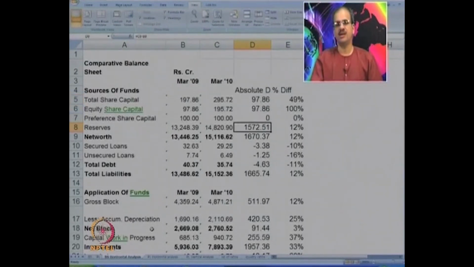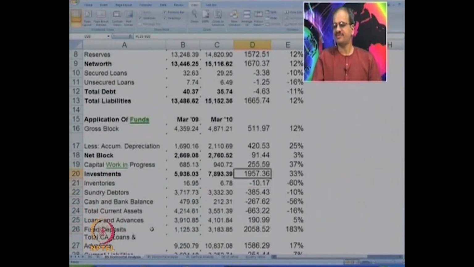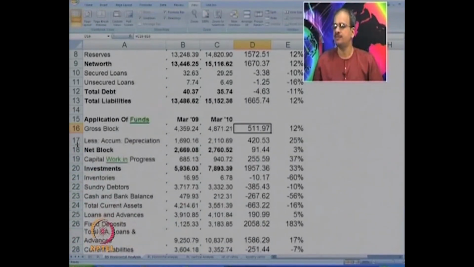There was in absolute terms a substantial increase in the reserves, 15712 crores, but in percentage terms it is only 12%. There are almost no secured unsecured loans, so changes are negligible. Go to the application of funds. In the applications, the first item is gross block.